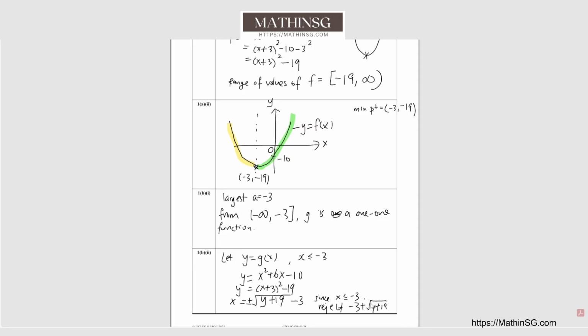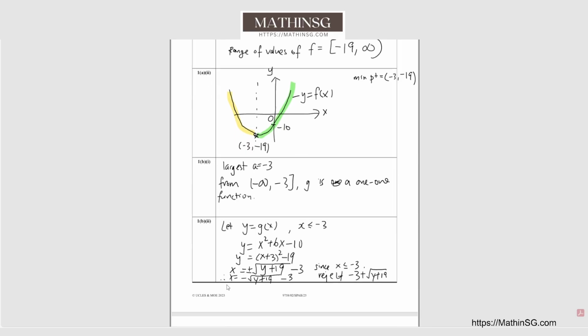Negative 3 plus a positive number will be more than negative 3, which is not what we want. So therefore, I know that x is equals to negative square root of y plus 19, minus 3. And my g inverse x is negative square root of x plus 19, minus 3.